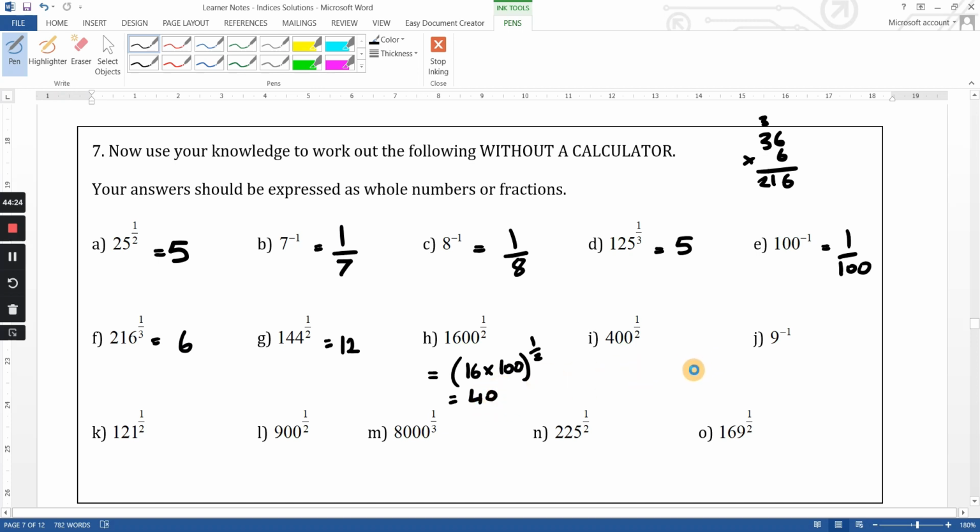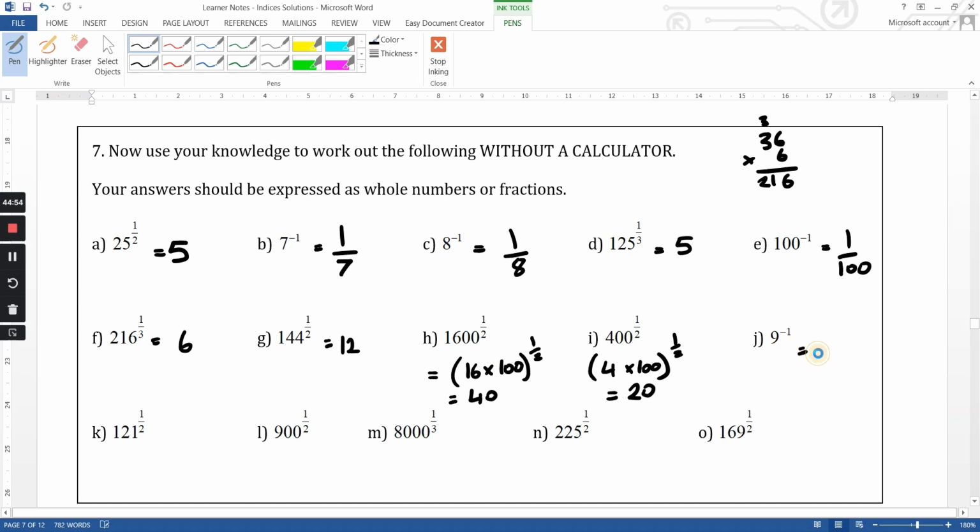That's a really good way of doing it, isn't it? It's kind of like how you do surds. You split the number into what it's made up of. So that's really good. I'm going to do the same for the next one as well. That's 4 times 100 power half, which means square root, so it's 2 times 10, which is 20.